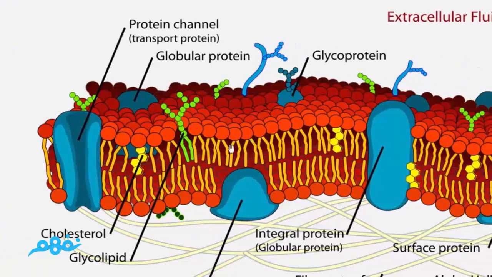Those are the two phospholipids molecules. These are the hydrophilic heads, and the tails are hydrophobic. As we see, these are in and out, and those inside.